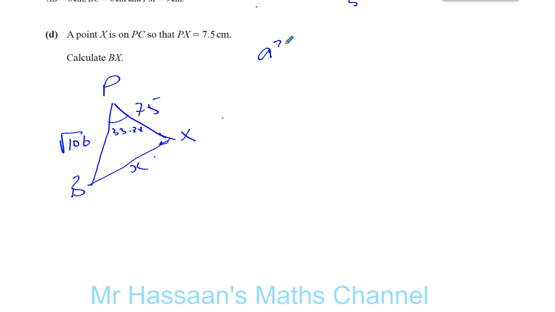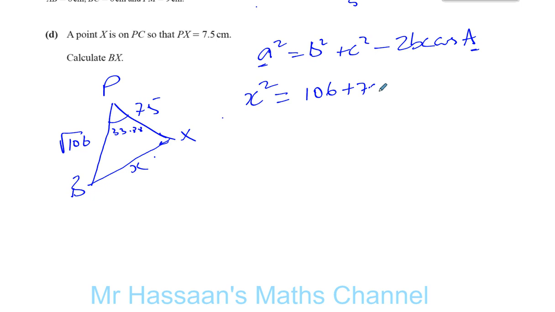Now what we need here is to use the cosine rule. The cosine rule is a squared equals b squared plus c squared minus 2bc cosine A. And the angle A and the side a must be opposite, so of course I have to use this x as my a. So x squared is equal to the root of 106 squared, which is 106, plus 7.5 squared.